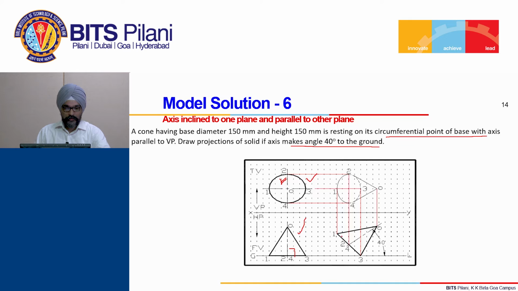Finally you tilt the cone in the next position, so that the axis changes its inclination from 90 to 40 degree with respect to the ground, and then you transfer the points and you get the projection of the solid in the final position.